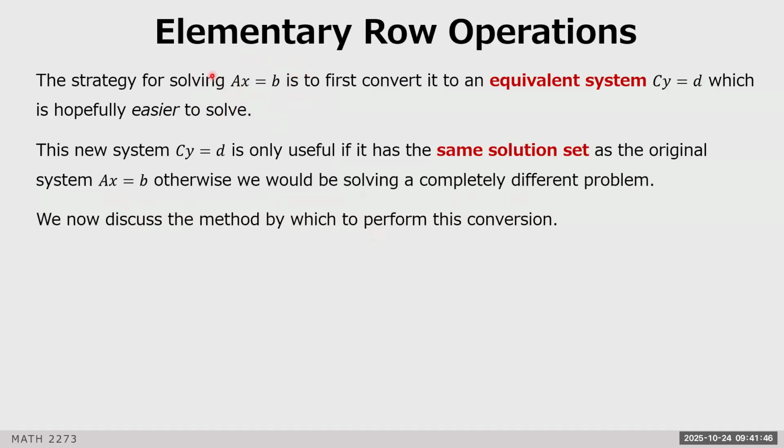We want to convert it into another system, Cy equals d, that is easier to solve. But we want to do this in a way that preserves the solution set. I want the solution set of the new system to be the same as the solution set of the original system. Have you ever wondered why, when they were teaching you elementary row operations, it was those specific row operations you were allowed to do?